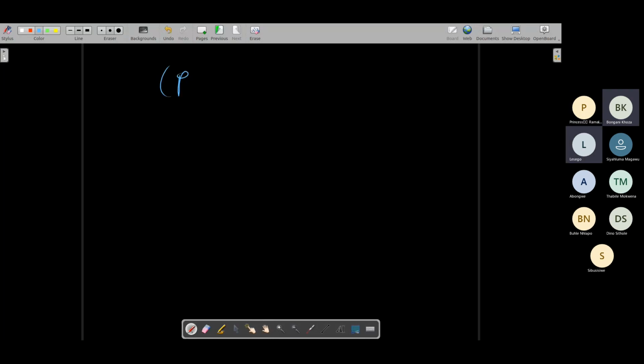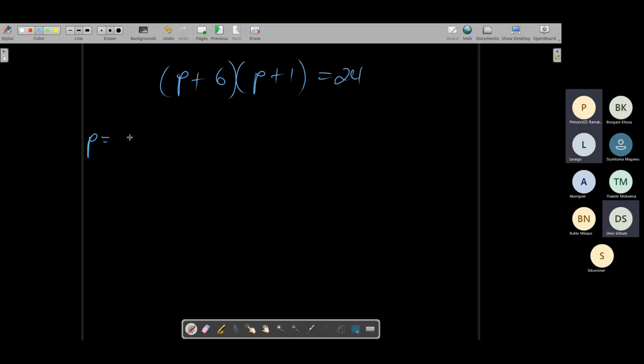So our question was P plus 6, P plus 1 equals to 24. So you're saying your answers were P equal to -9, or P is equal to 2. Did we all get this one?